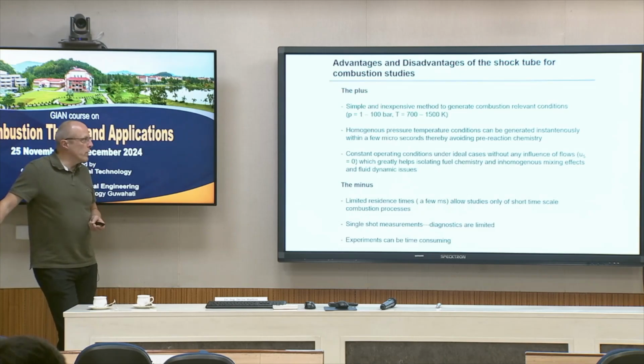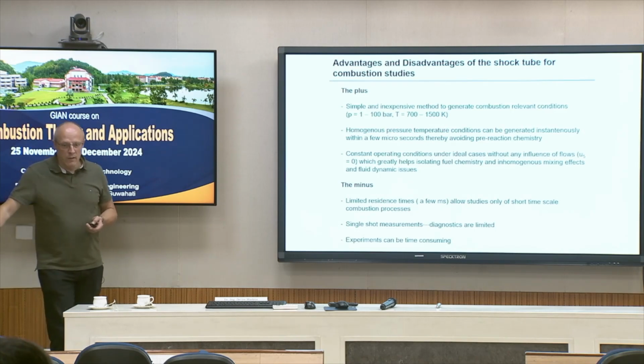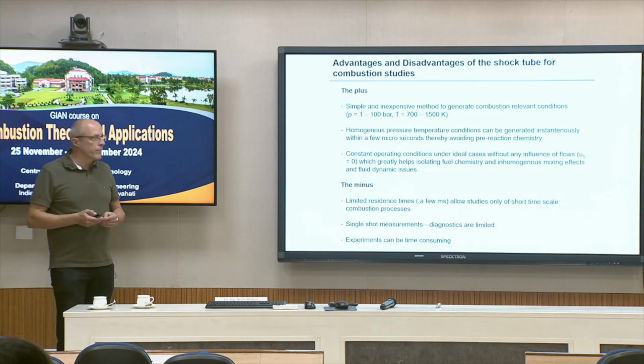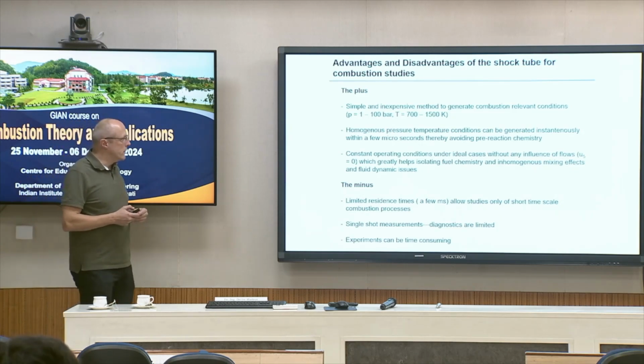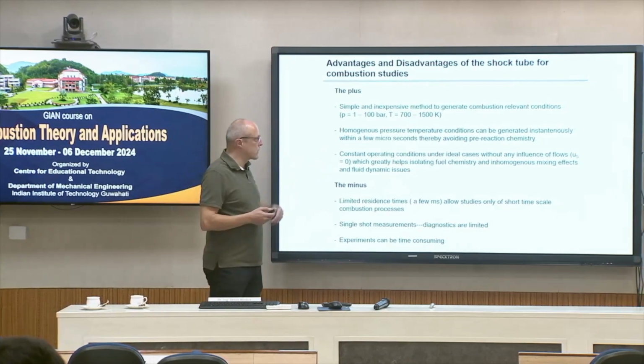We can assume that we have a homogeneous mixture with homogeneous pressure and temperature conditions instantaneously. And we can use this for several microseconds to examine the interesting quantities, avoiding pre-reaction chemistry.